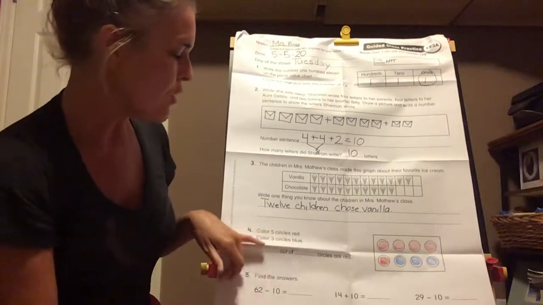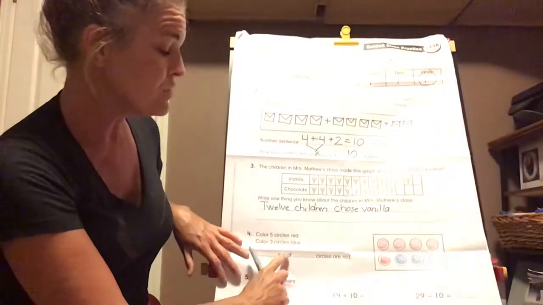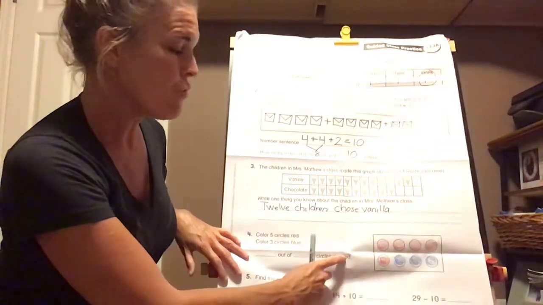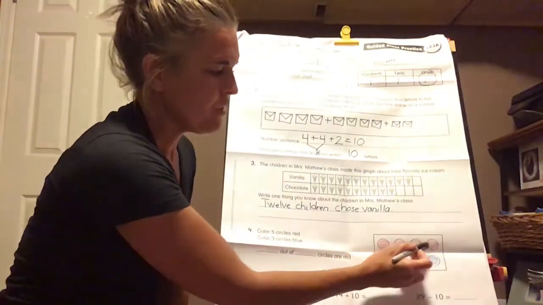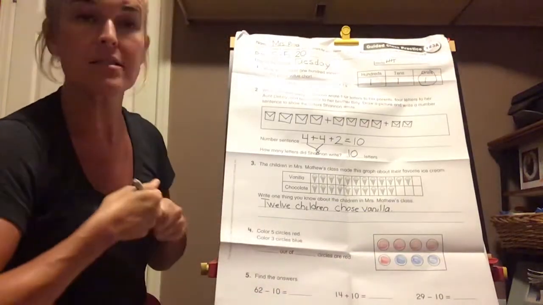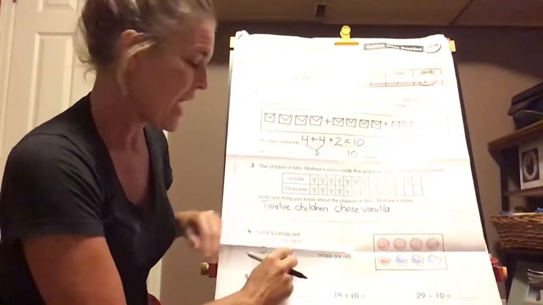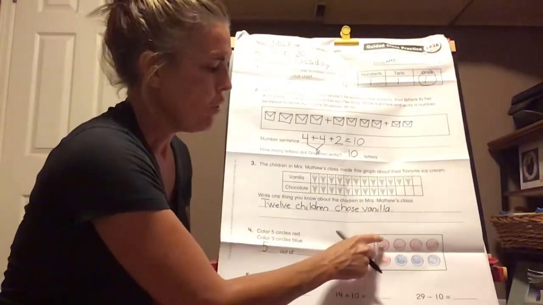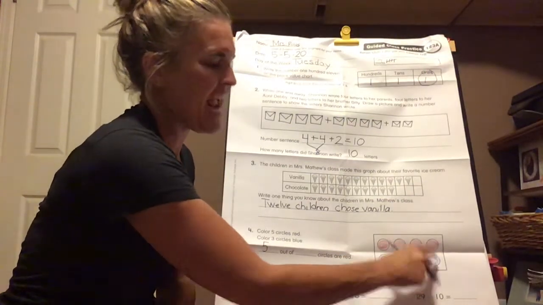Okay, so my question over here says, how many out of how many circles are red? Well, let's first find out how many did we color red. 1, 2, 3, 4, 5. So that's going to be our first number. 5 circles out of how many circles altogether? 1, 2, 3, 4, 5, 6, 7, 8.